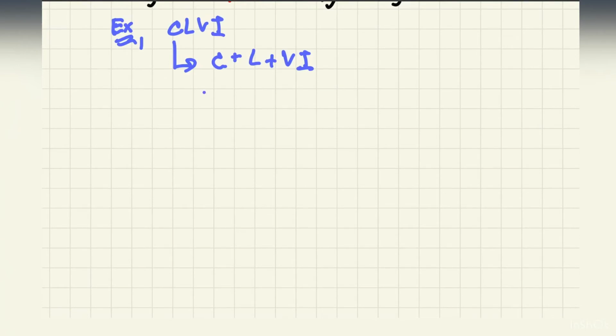C is equal to 100 plus L, which is 50. V is 5 and I is 1. 5 plus 1 is equal to 6. So that means V and I equals 6. So now the answer would be 156.